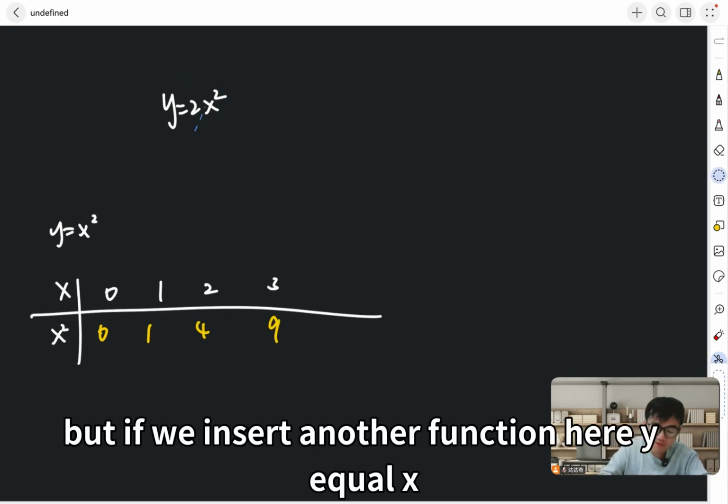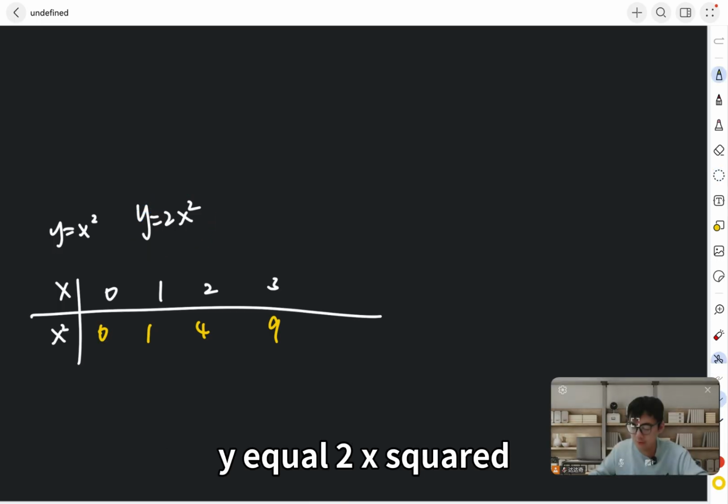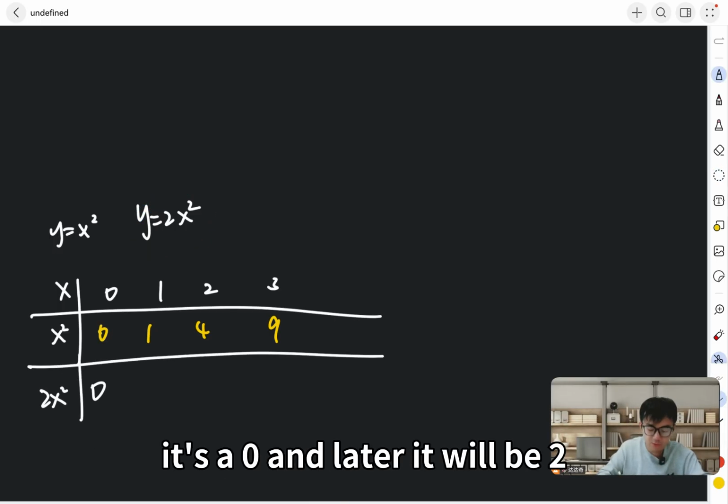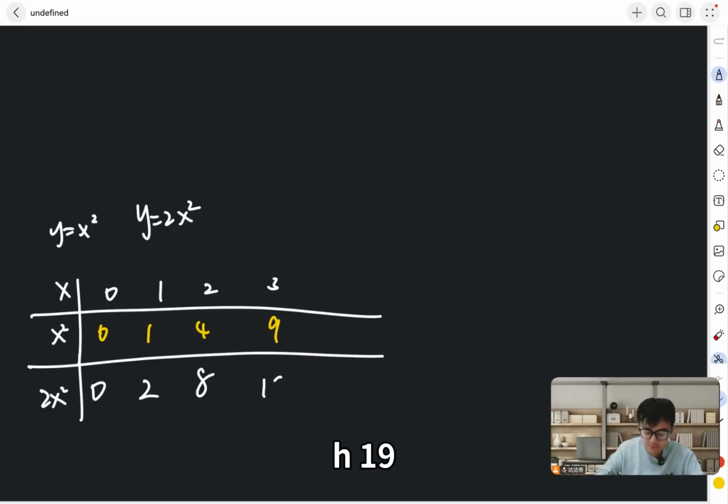But if we insert another function here, y equal 2x squared. When x is 0, it's 0. And later it will be 2, 8, 18.